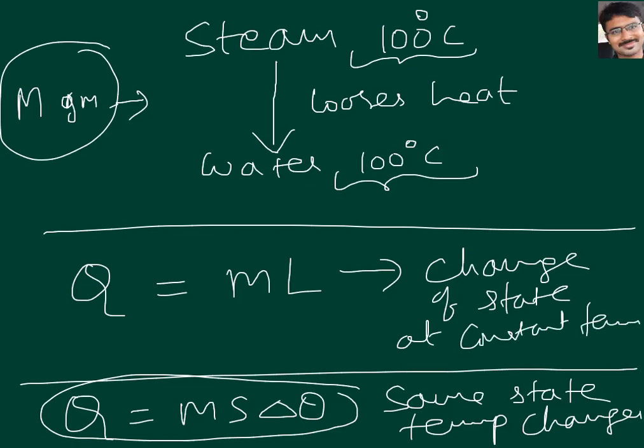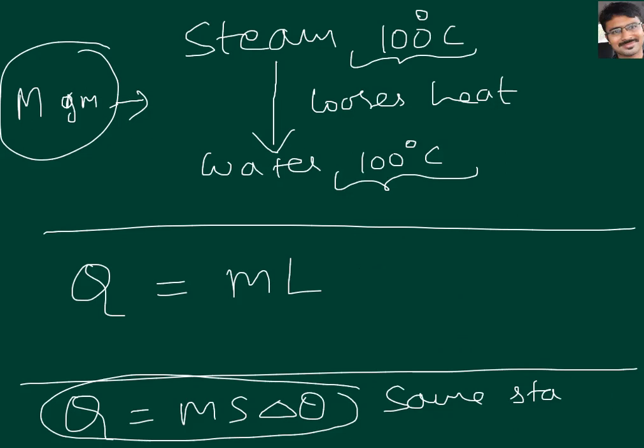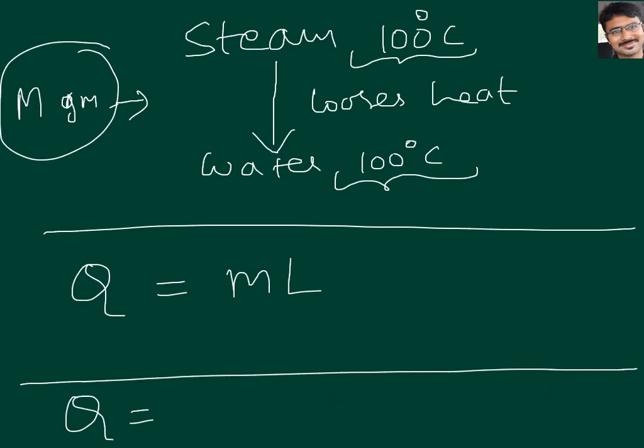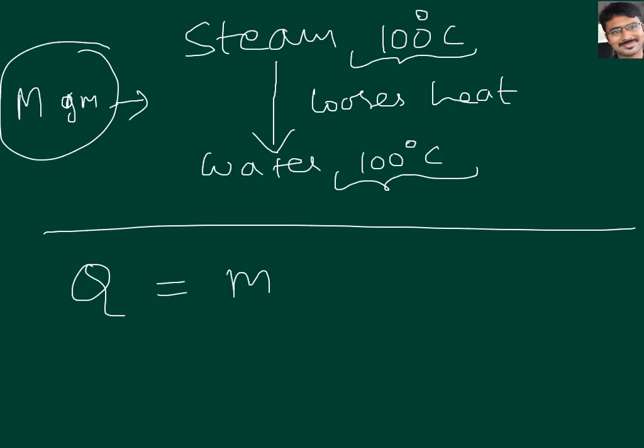Here we have two things, one is LF, the other is LV. What is LV? Latent heat of vaporization. When should we use LV and when LF? We use the formula m LV when steam goes to water or water to steam, steam at 100 to water at 100 or water at 100 to steam at 100.